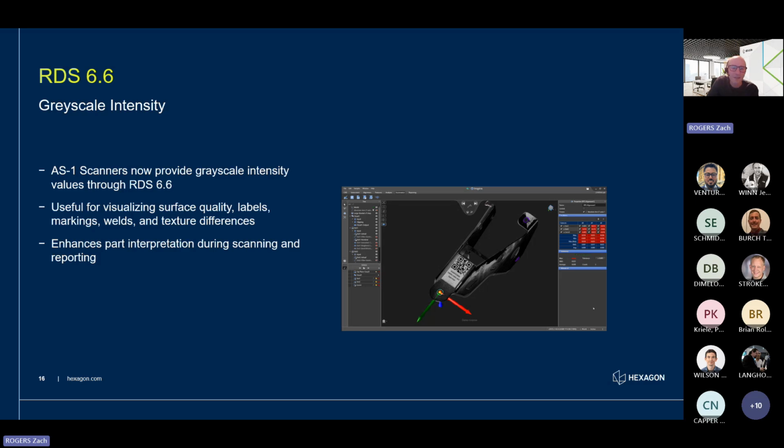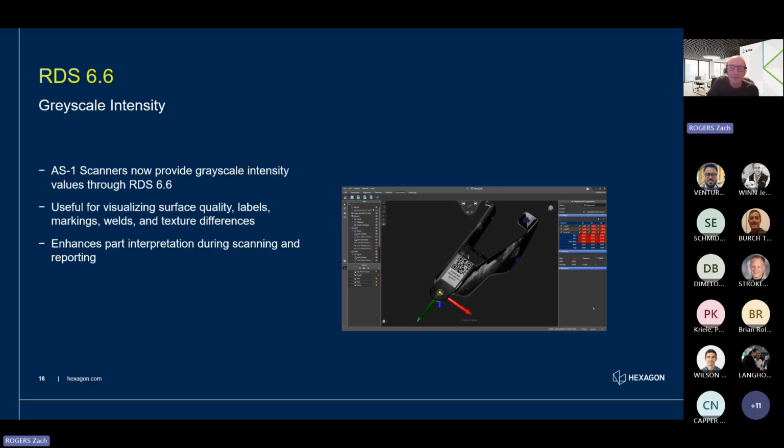So you can very easily see things like surface markings or labels, identify like welded areas or texture on the part. I've also looked at identifying things like rivets or fasteners. Those are all things we're working on, but just having this grayscale intensity data inside of Inspire right now and being able to visualize it makes things nicer and easier.